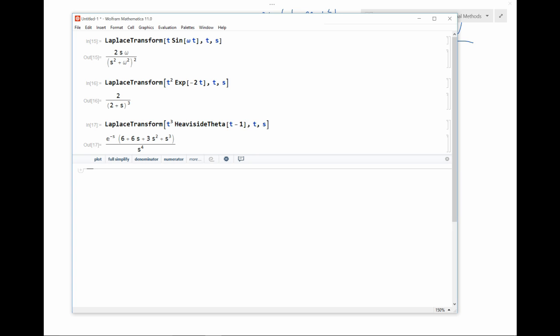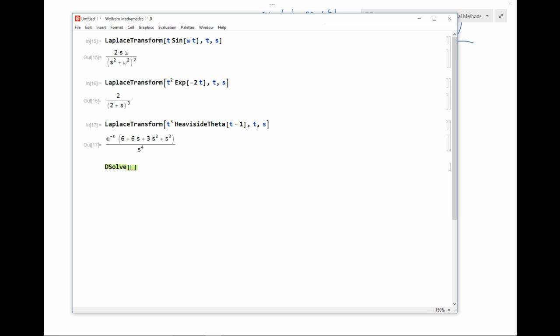The second half of the lecture was dedicated to solving initial value problems, and I want to do it two ways. I want to do it with methods of differential equations and the Laplace transform. Mathematica has a differential equation solver, and that's a command dsolve that will do this for us.